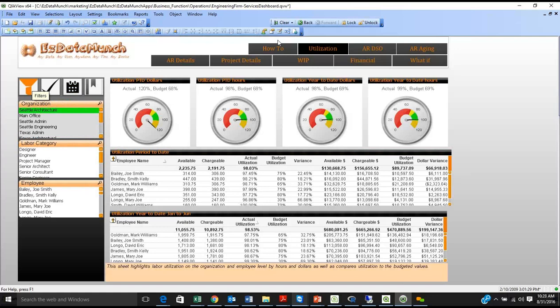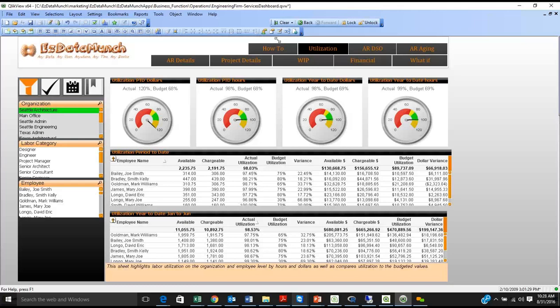So you want to make sure that everybody is staying at the budget ratio that you have from a utilization perspective, and that is driving your revenue, your chargeability back to your clients, and also your bottom line. Because if there are more people who are under your budgeted ratio of utilization, that means you have more people on the bench and you are not able to make more money.